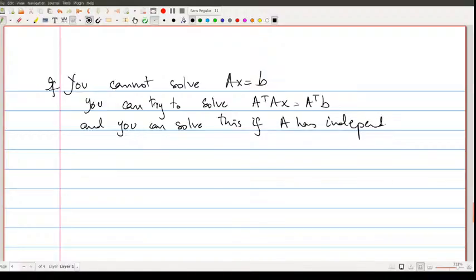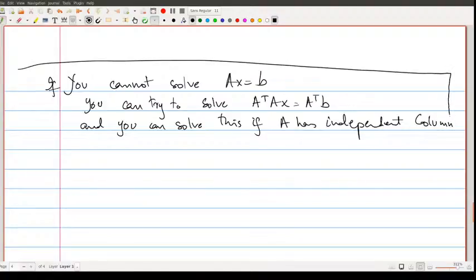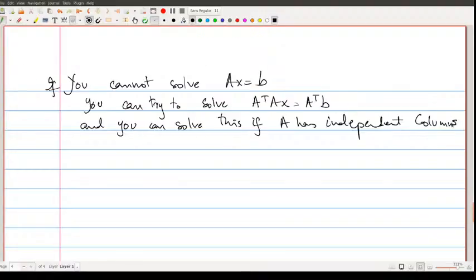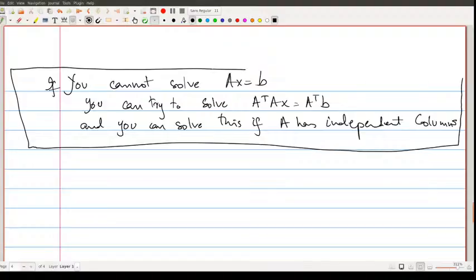That's really the main idea of today's lecture. If A has independent columns. Right. That's the main idea of the lecture here.